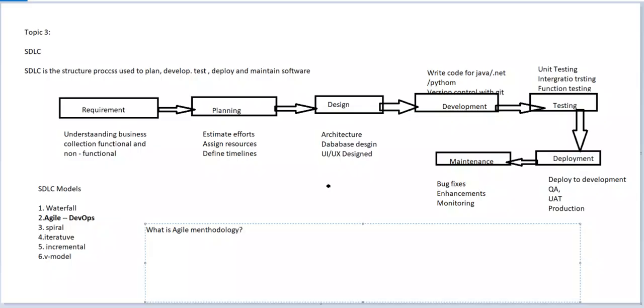Agile is an iterative software development methodology where work is delivered in small increments called iterations or sprints. The team collaborates closely with the stakeholder and adapts to changing requirements.